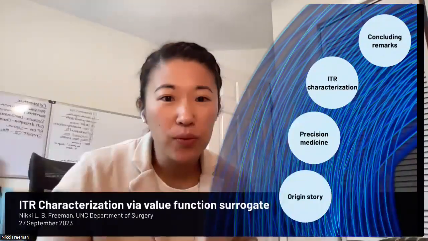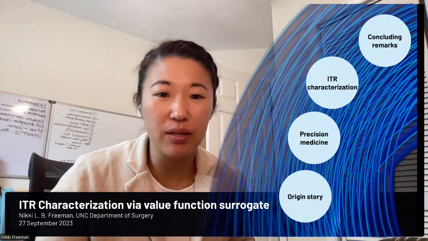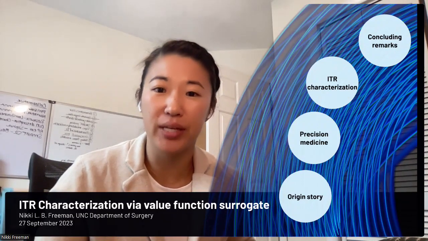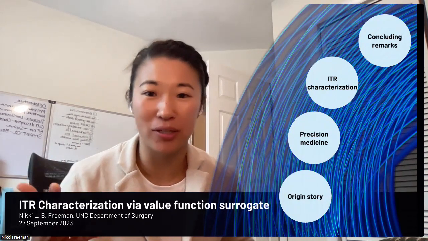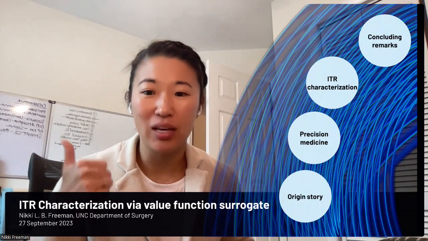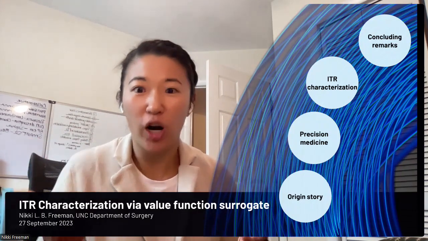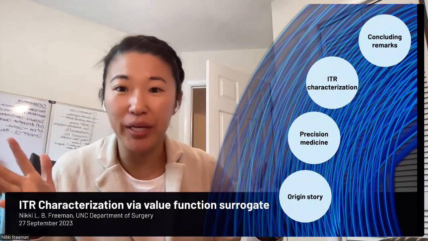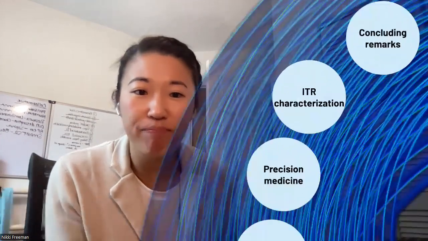So let's get to the actual meat of the presentation, which is this idea of characterization. So I talked about two main ideas that we do in statistical precision medicine, which is evaluation and optimization. And I'm going to argue that there's other things we should be doing. And one of those that I think we should be doing is characterization.